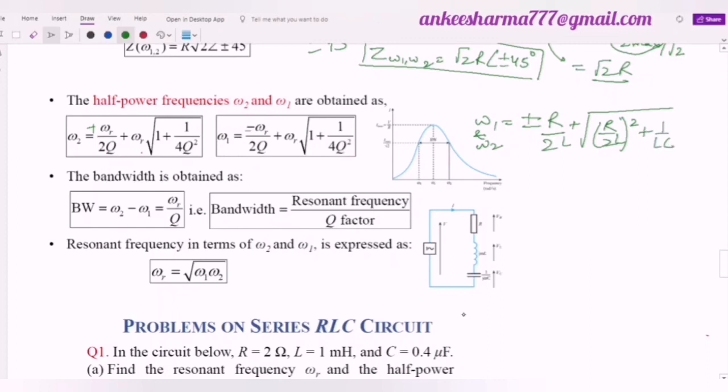You can take omega 1 equal to plus R by 2L plus under root of R by 2L whole square plus 1 by LC, and omega 2 equal to minus R by 2L plus under root of R by 2L whole square plus 1 by LC. You can use both these formulas. I want you to remember these formulas because you will find a lot of questions on the half power frequency, especially on the series resonance.